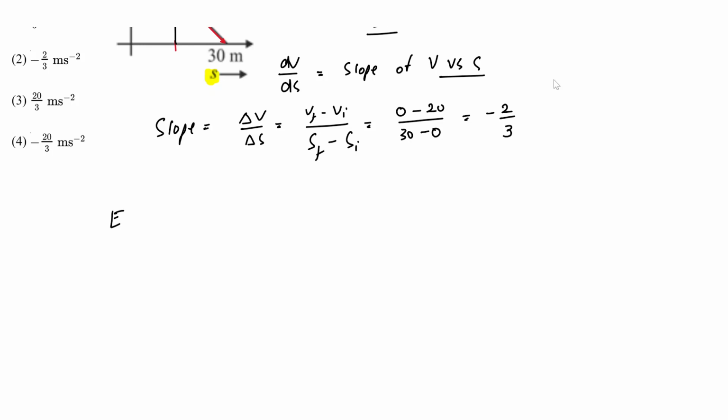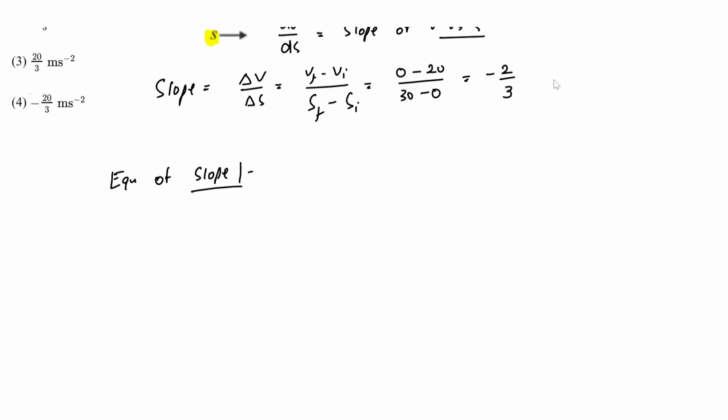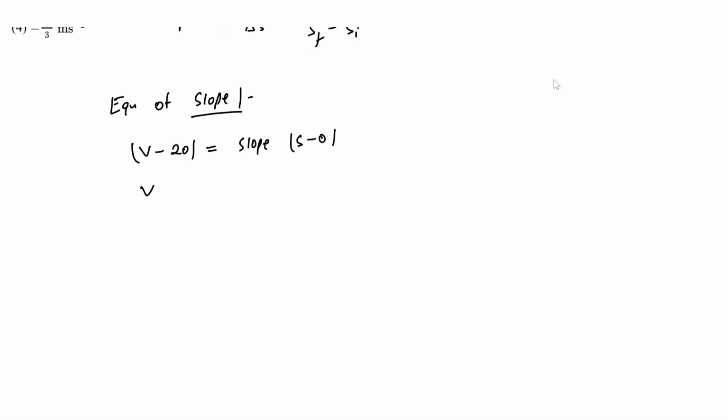So we can solve this by simply writing the equation of this slope. The equation of the line is v minus 20 equals slope times s minus 0, using the initial point. So v minus 20 equals minus 2 over 3 s, and v will be equal to 20 minus 2 by 3 s.